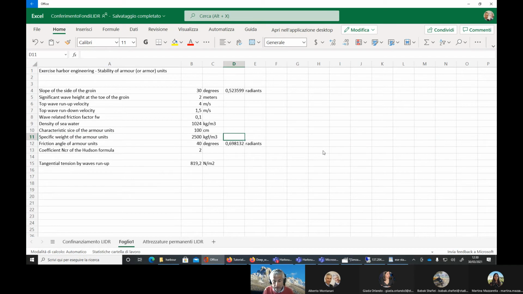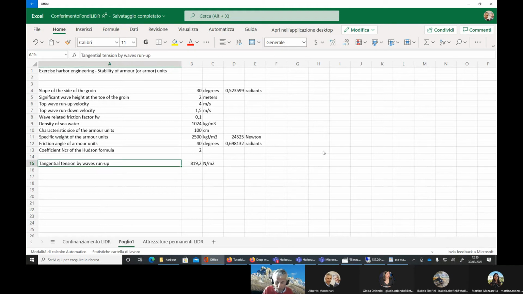And if I want to express it in Newton, I need to multiply it times 9.81, and this is in Newton. Computation that I made here for the tangential tension, it's Newton divided by square meters.